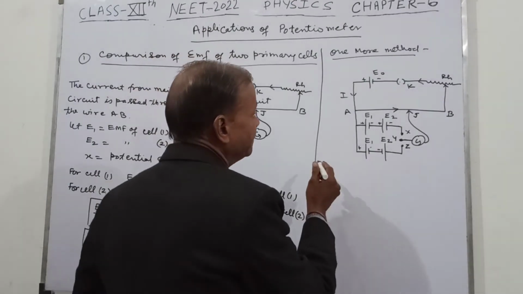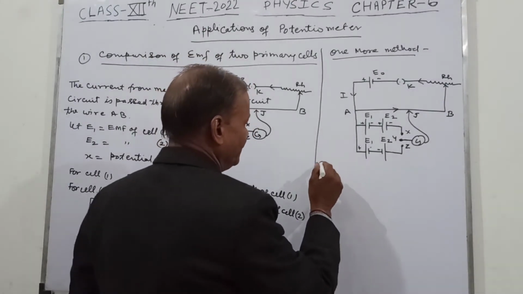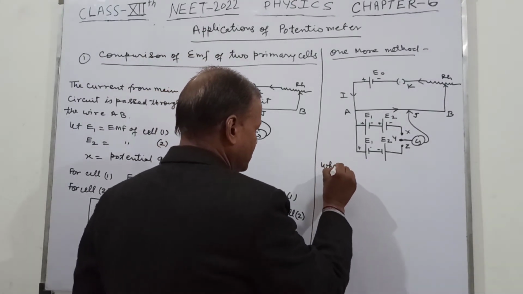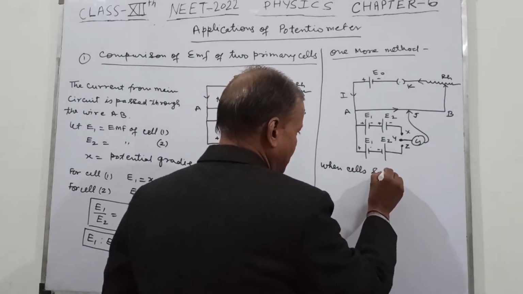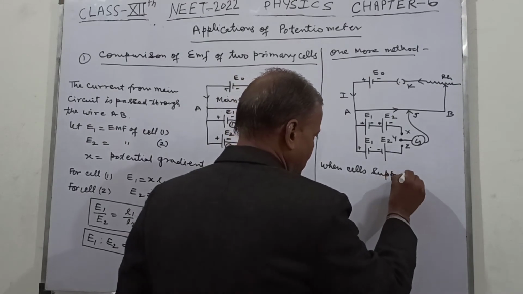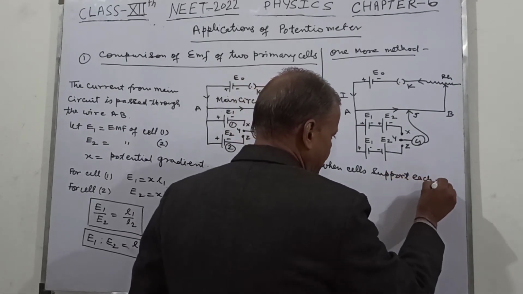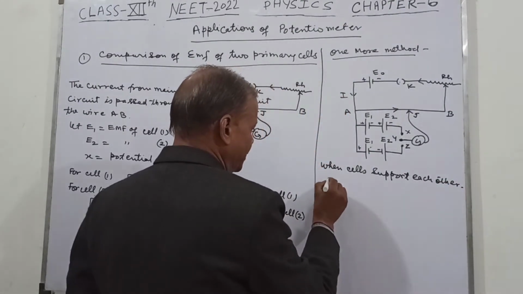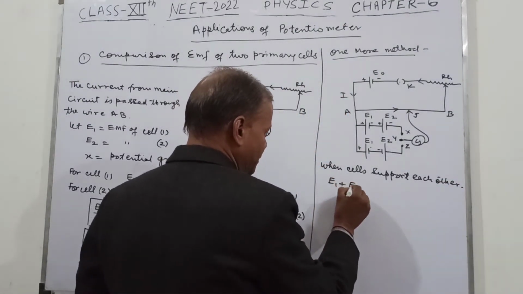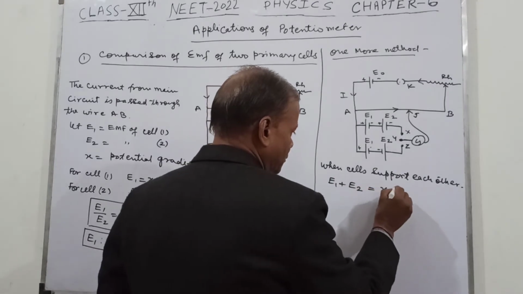Now when cells support each other, then we have E1 plus E2 equal to XL1.